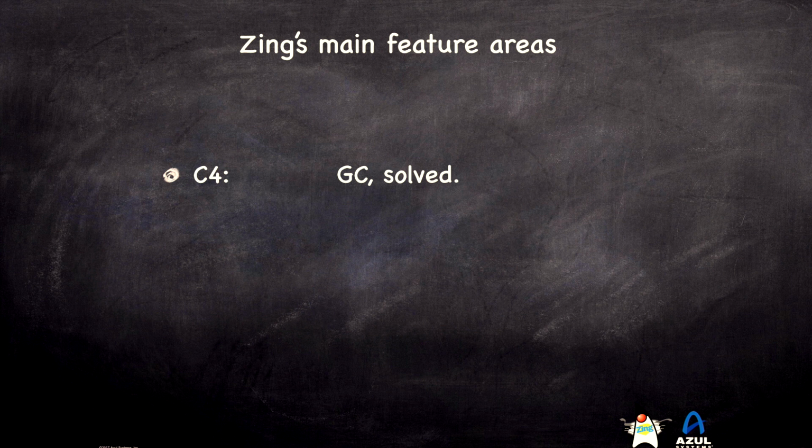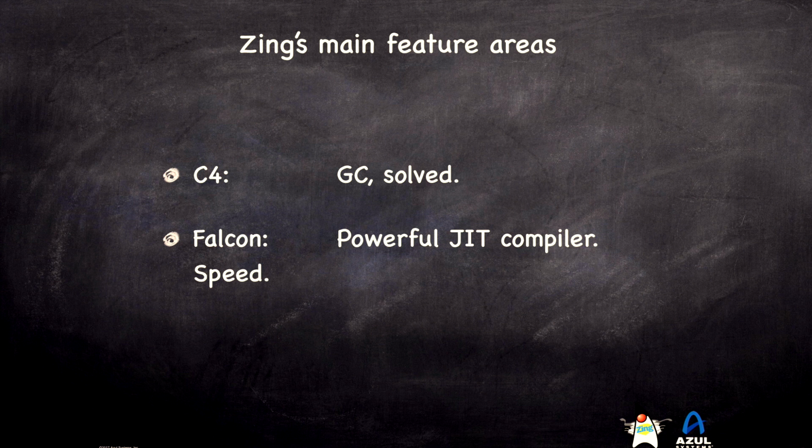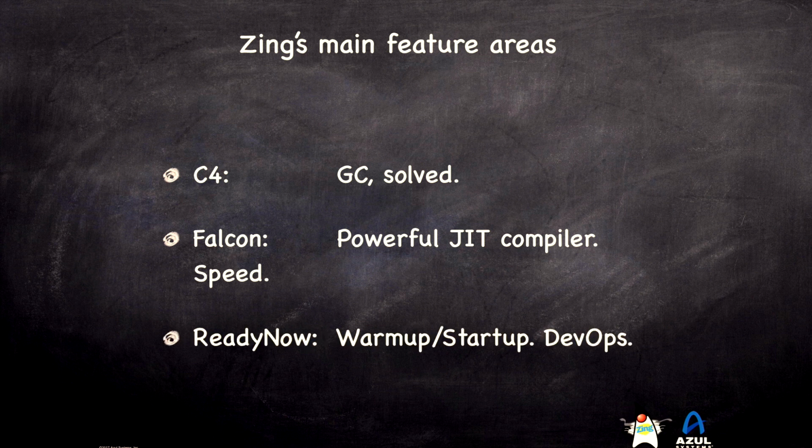It stands for the Continuously Concurrent Compacting Collector. That's 4 C's. We have a compiler, which is basically about speed. It's faster code. And we have a technology we call ReadyNow that improves the behavior of speed as you start. So it gets faster.